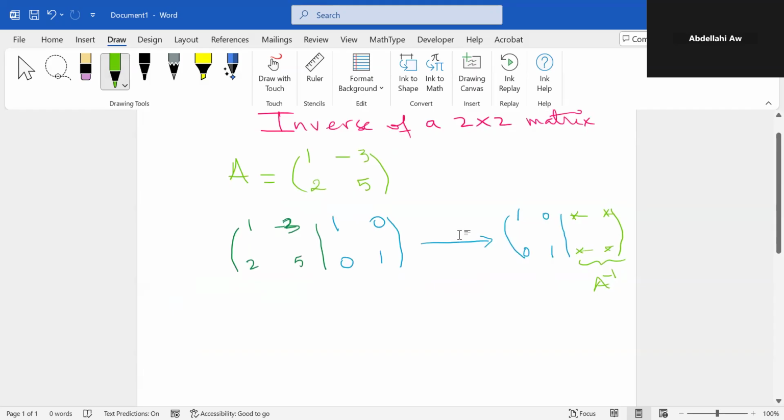So what we are rather going to do is, for a 2 by 2 matrix, use a very simple formula. All of you are supposed to know that formula by heart.